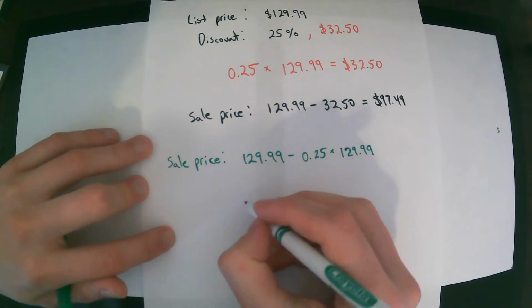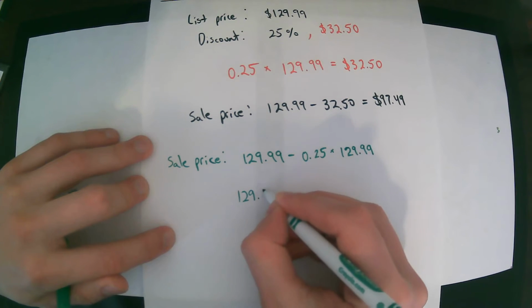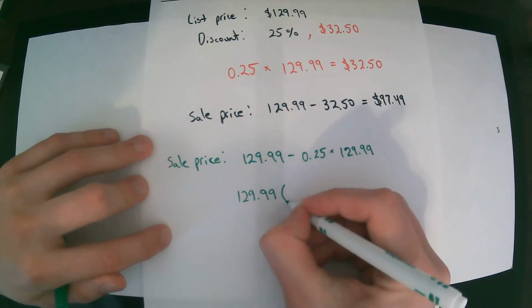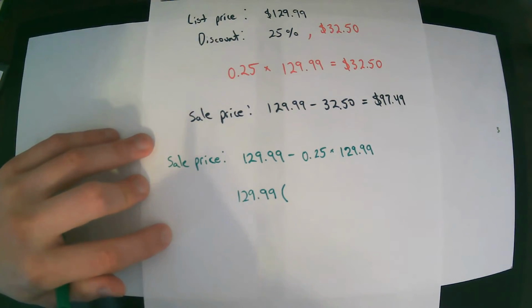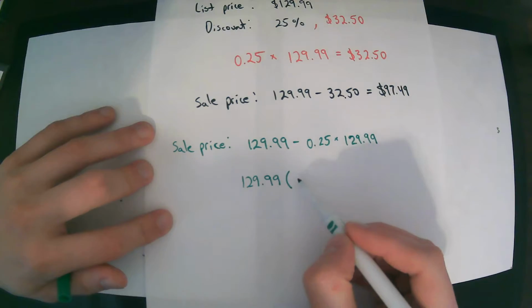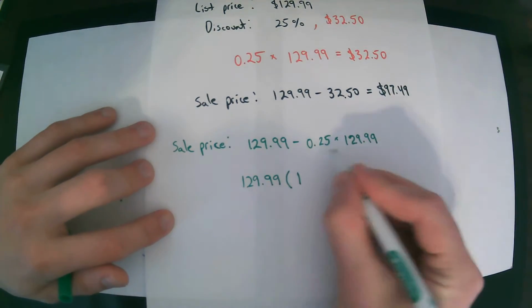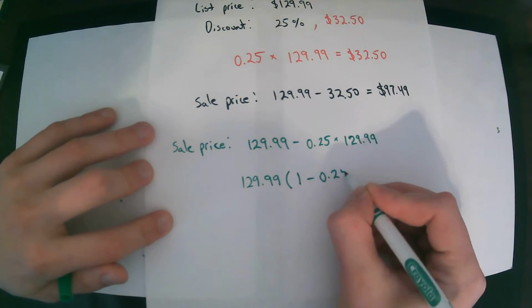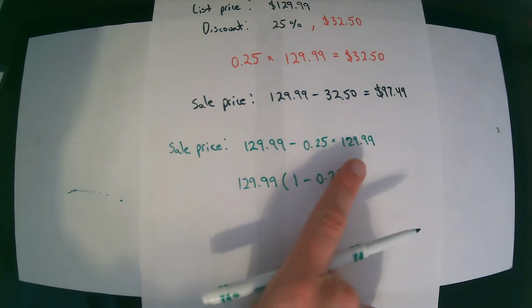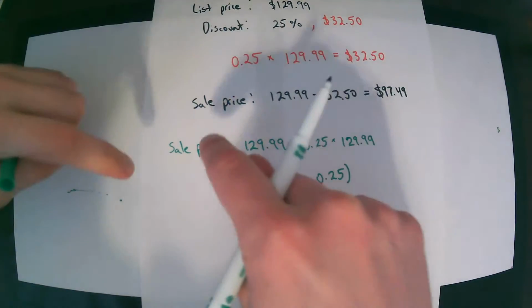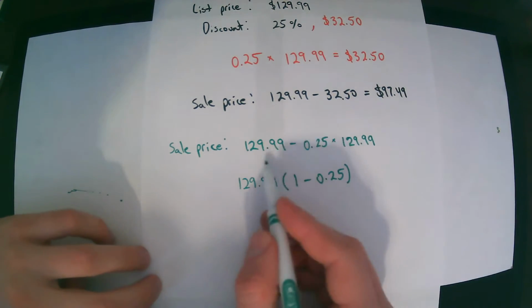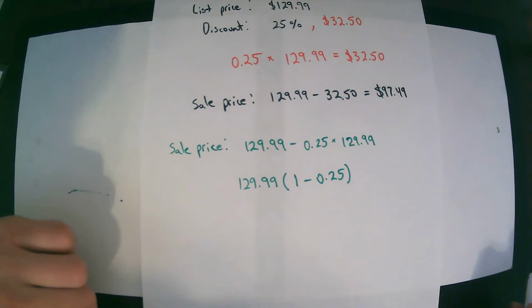And notice I can factor out that list price because it's listed here and here. I can pull it out using the distributive property in reverse, factoring out a number. I'm pulling 129.99 off of both of these numbers, which just leaves a 1 in this position, and the second number turns into 0.25.